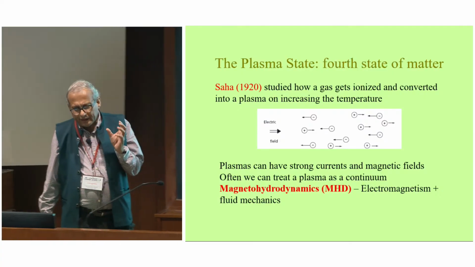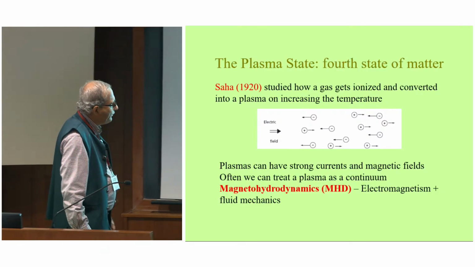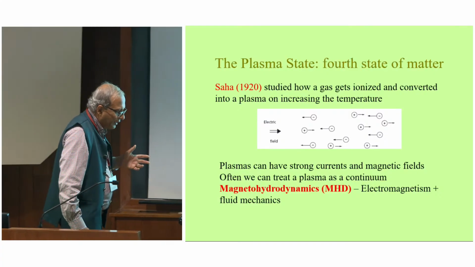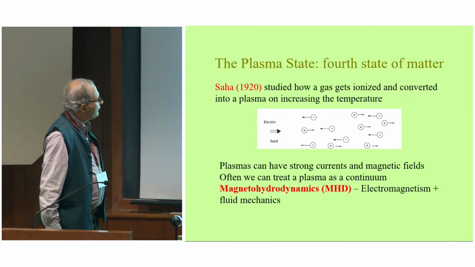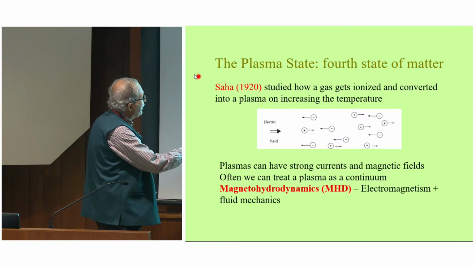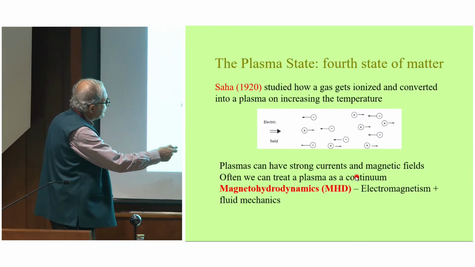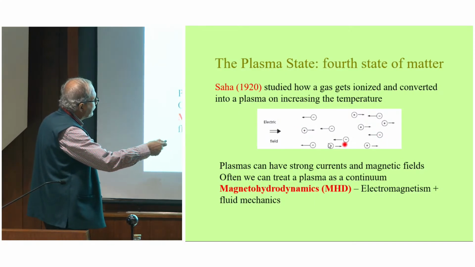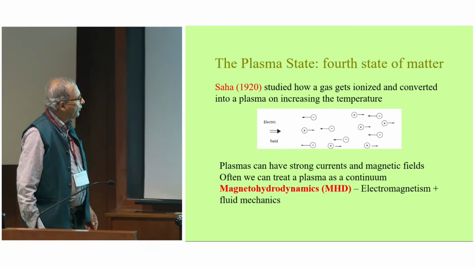So you may wonder, will the plasma then behave very much like an ordinary neutral gas? That is certainly not the case. An ordinary neutral gas like air is a bad conductor of electricity, but in a plasma, if you put an electric field, then all the positively charged ions will move in the direction of the electric field, and the negatively charged electrons will move in the opposite direction, giving rise to a strong current.